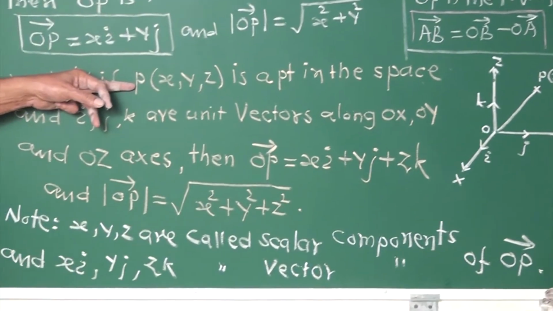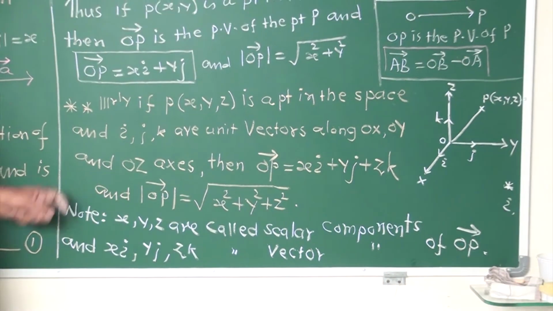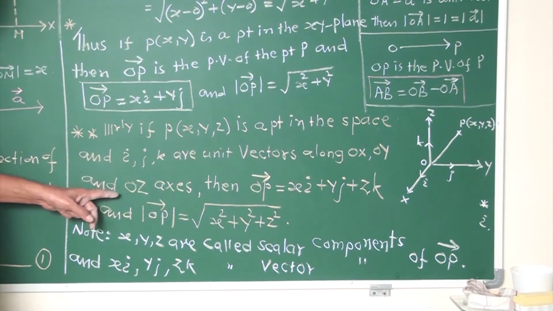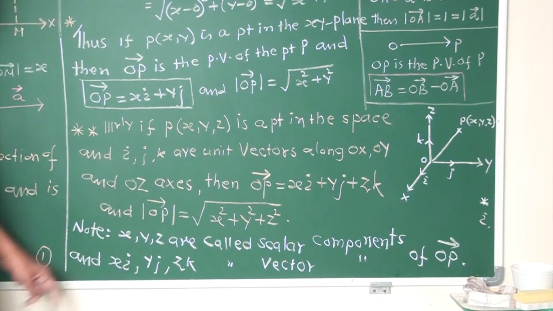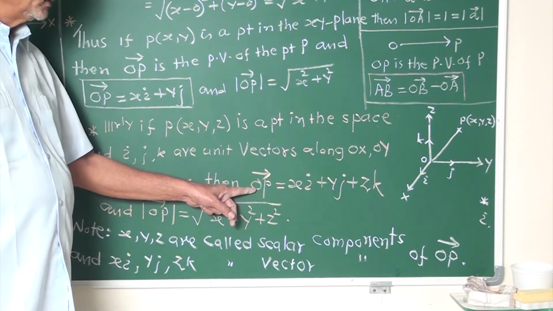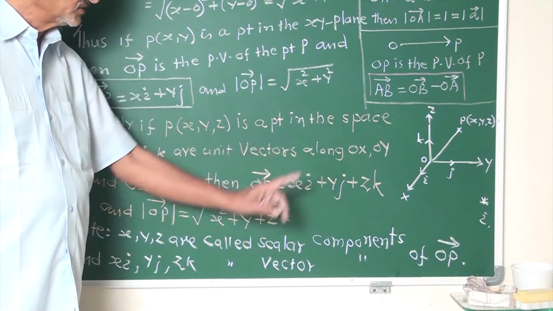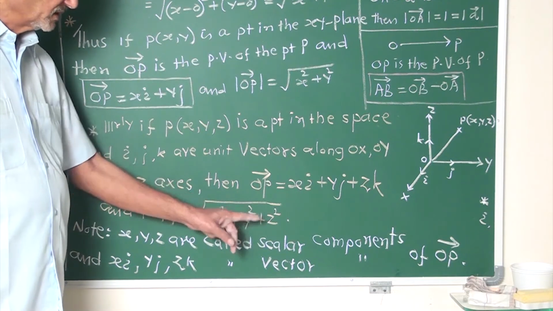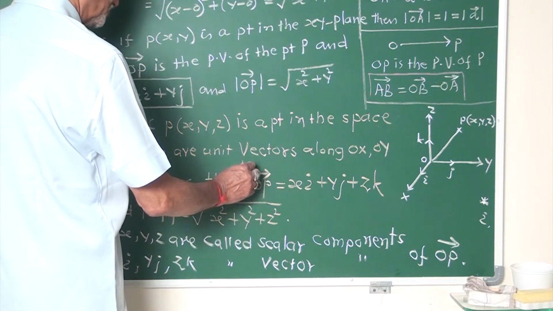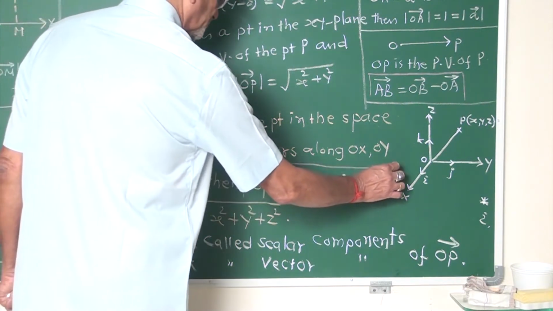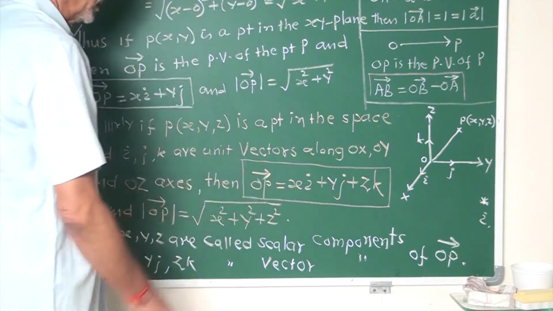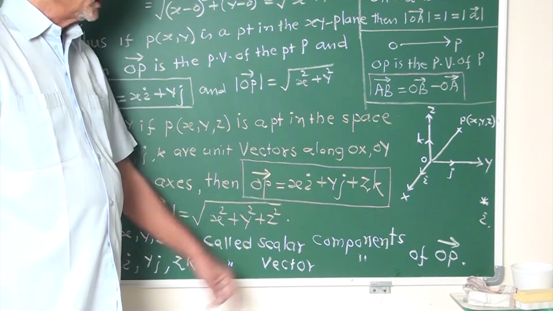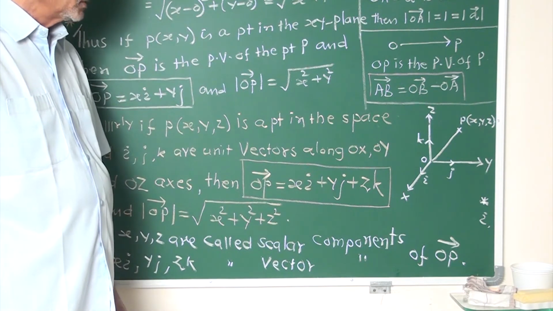Similarly, if P(x, y, z) is a point in the space and i, j, k are the unit vectors along OX, OY, OZ axis, then vector OP can be given as xi plus yj plus zk, and magnitude of OP is root x square plus y square plus z square. Now, connected with this, my friends, if you take simply x, y, z, they are the coefficients of i, j, k.